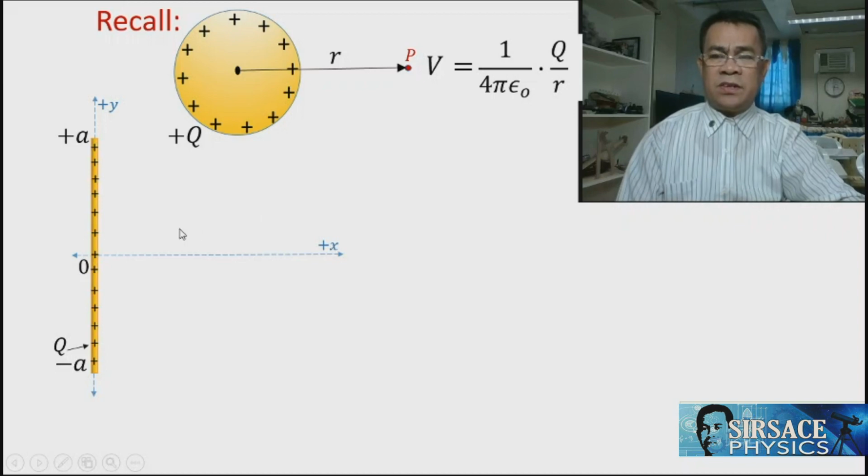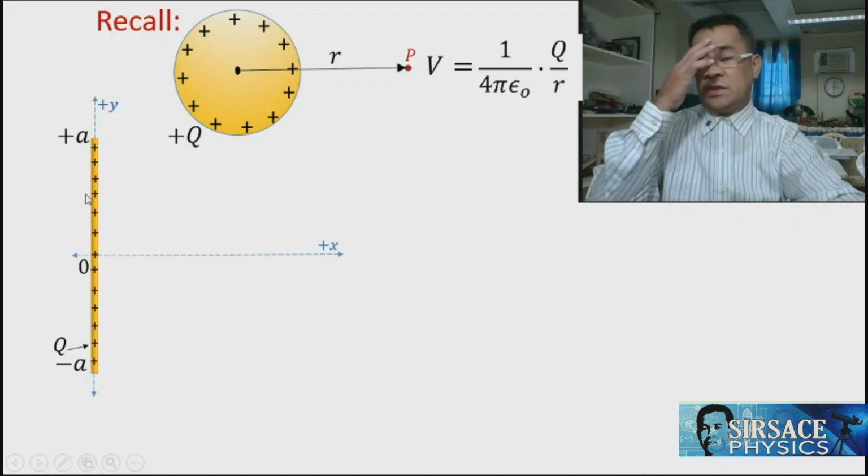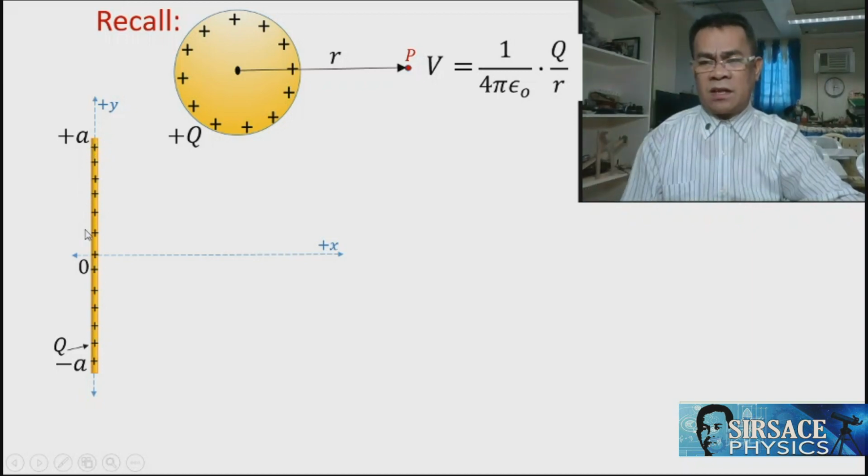But the question is, is this formula again applicable to another continuous charge? This is not a point charge. This is continuous, a kind of line, and the line charge is finite, which means the length is identified.